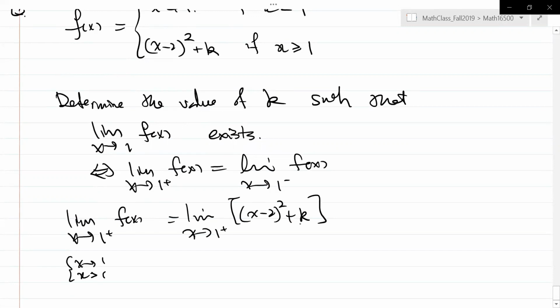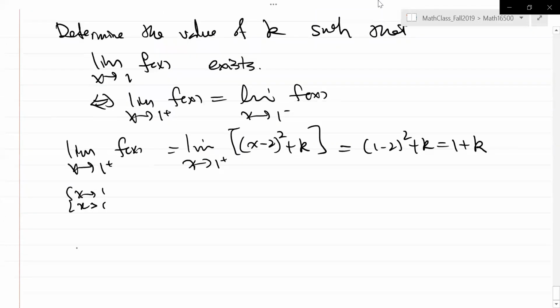And as x approaches 1, clearly we plug 1 for x into the expression. Then you find the limit, which is 1 plus k.